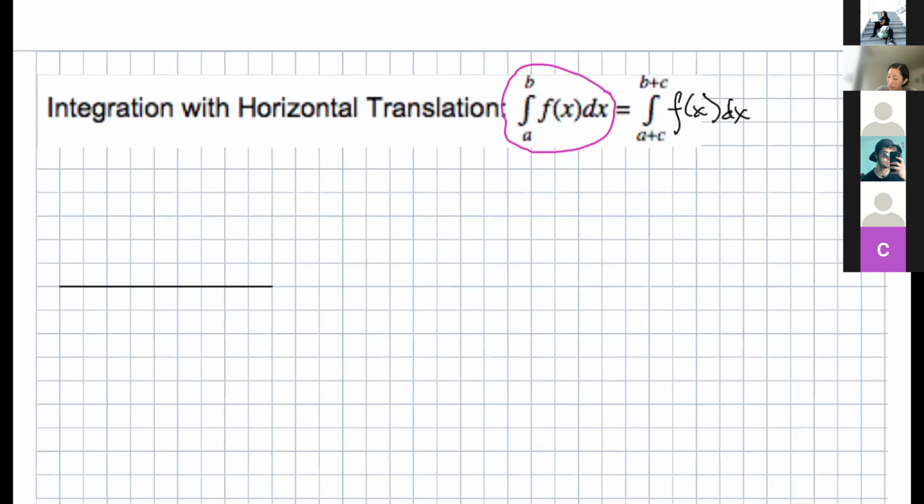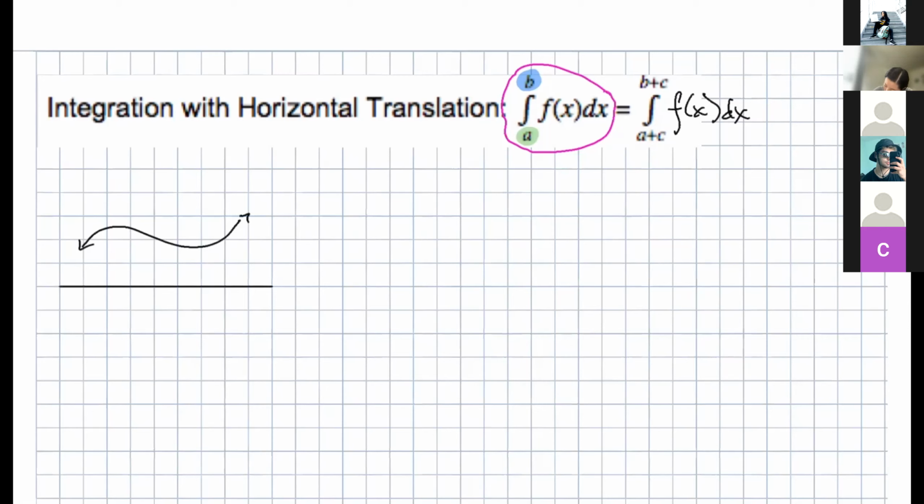And then, like before, I'm going to have a bottom number that I'm going to mark off on my x-axis and a top number that I will also mark off on the x-axis. All my functions look the same. I've got some function here, and I don't know where a is, I don't know where b is, but I know that they're x values, so I'm going to draw them on the x-axis.